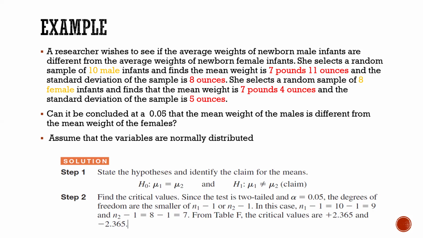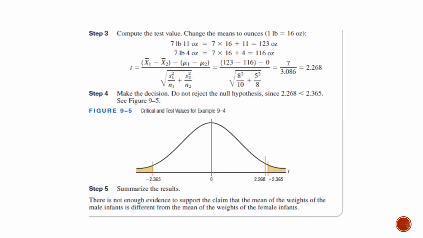This critical value will be determined from the t table. At 7, this critical value will be 2.365.